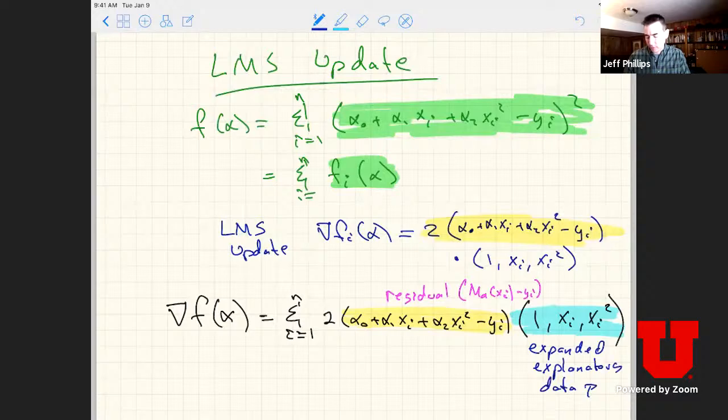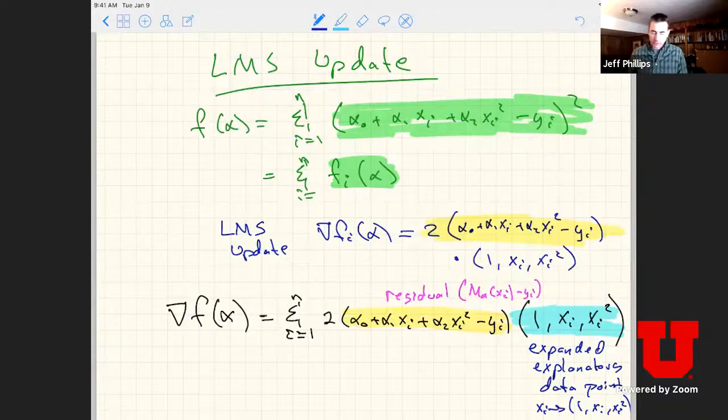data point. So I've gone from xi into 1, xi, xi squared, right? I've just expanded it out into a vector. If I have a multi-dimensional vector, I might just stick a 1 in front. If I want it to go through the origin, then it's just the data point.